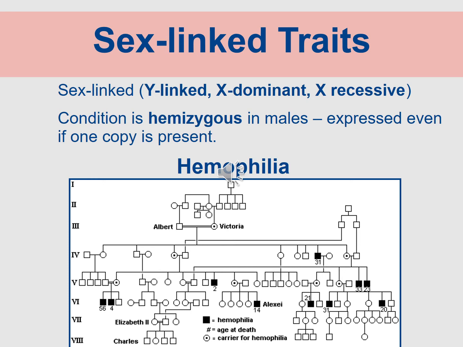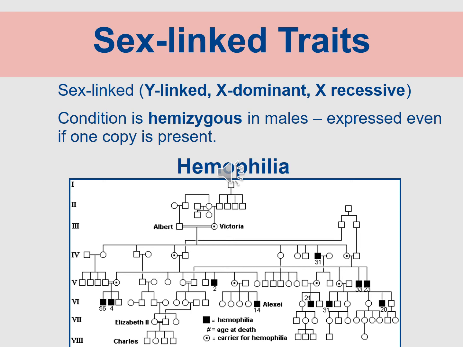In males, if it's X dominant or X recessive, if you get one that has that expression, you get a gradient of it: one that's mild if you have the recessive allele, and one that's a little more intensely expressed if you have the X dominant allele.